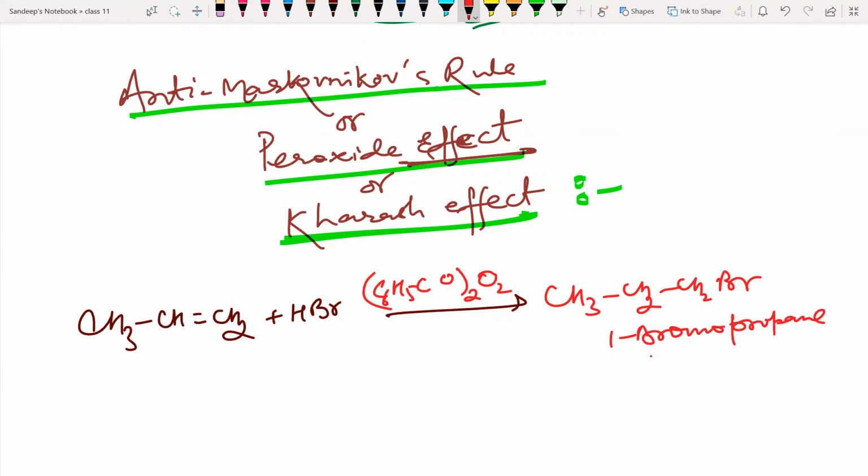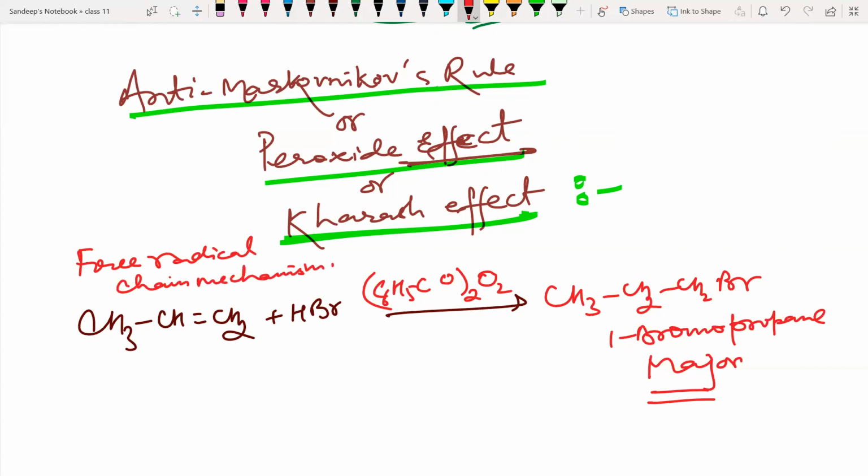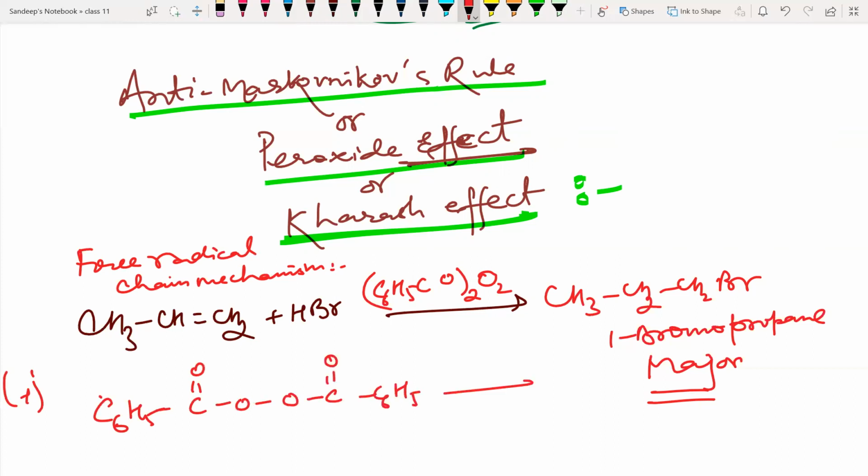Now we will discuss how this mechanism happens. It happens by free radical chain mechanism. In the first step, the peroxide undergoes homolysis.